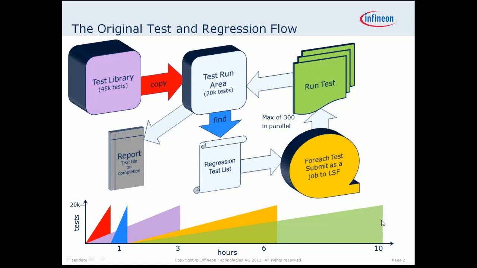Then the execution, because we were limited to 300 in parallel, would take us up to 10 hours on a good day. Okay, so that explains our regression flow. At the end, once all our 20,000 tests had run, we could generate a report of how well the regression had run, which is ultimately what we're looking for.